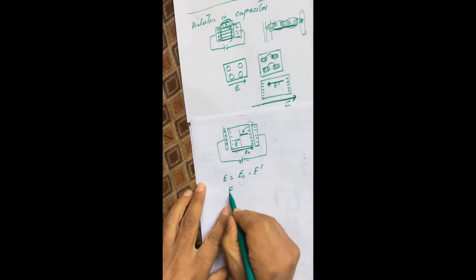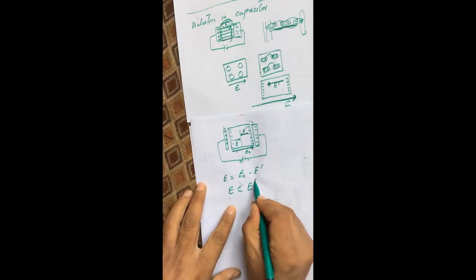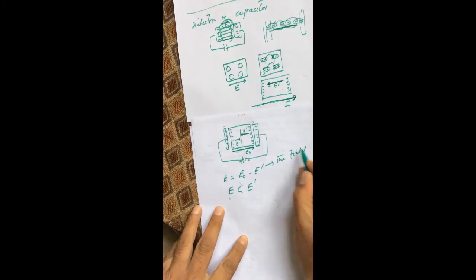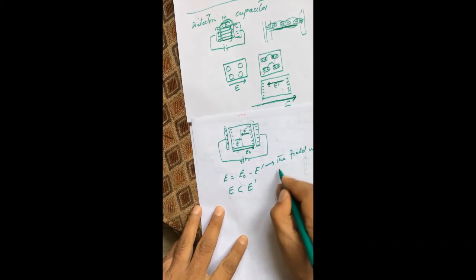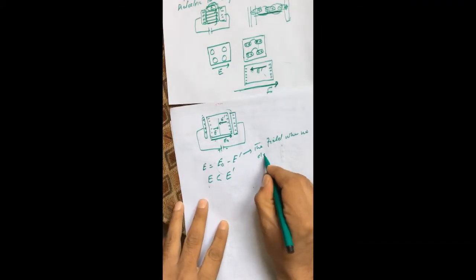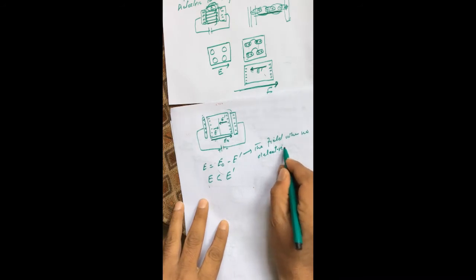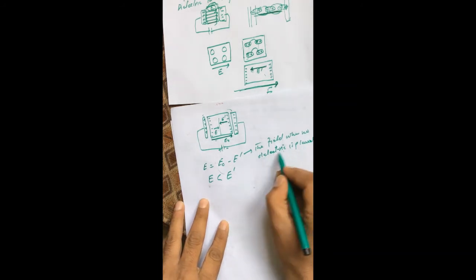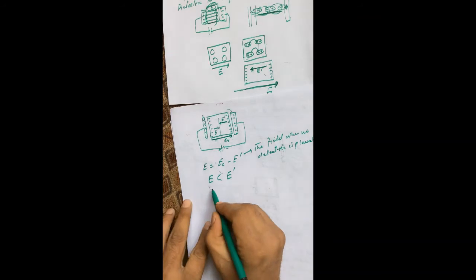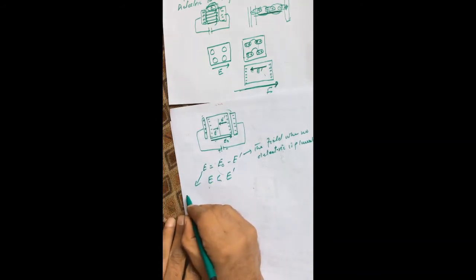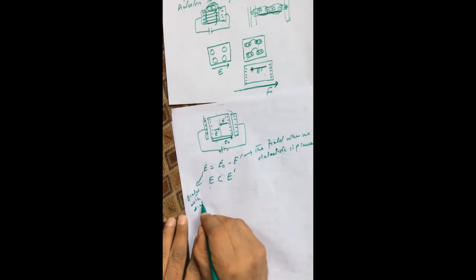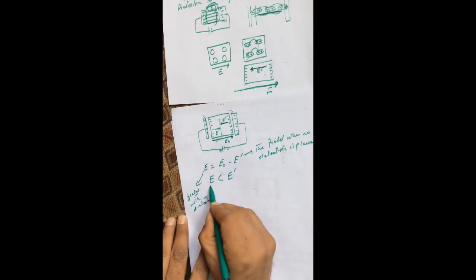Now E is smaller than E naught. E naught is the field when no dielectric is placed, and E is the field with the dielectric. So the field with dielectric is less than the field without dielectric.